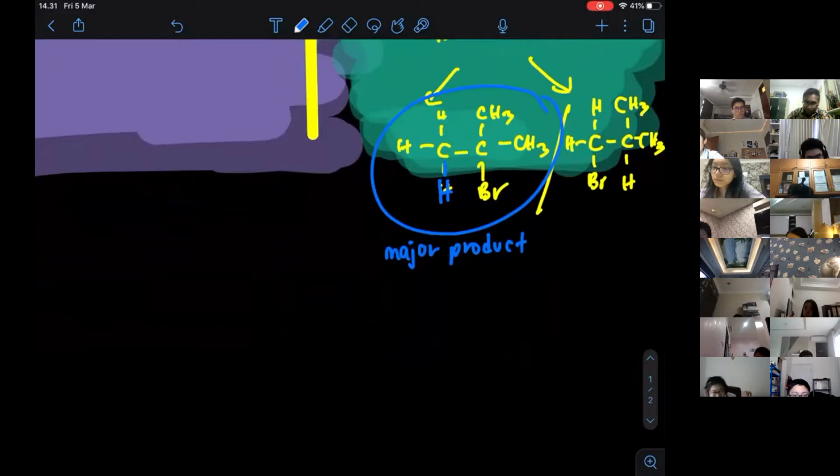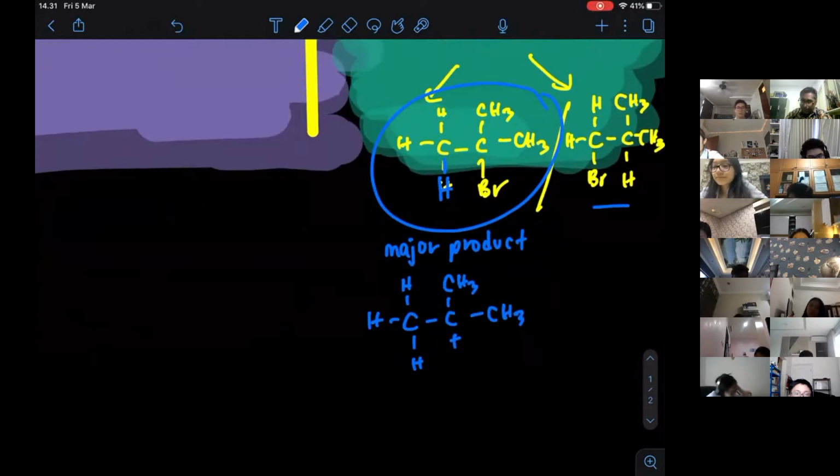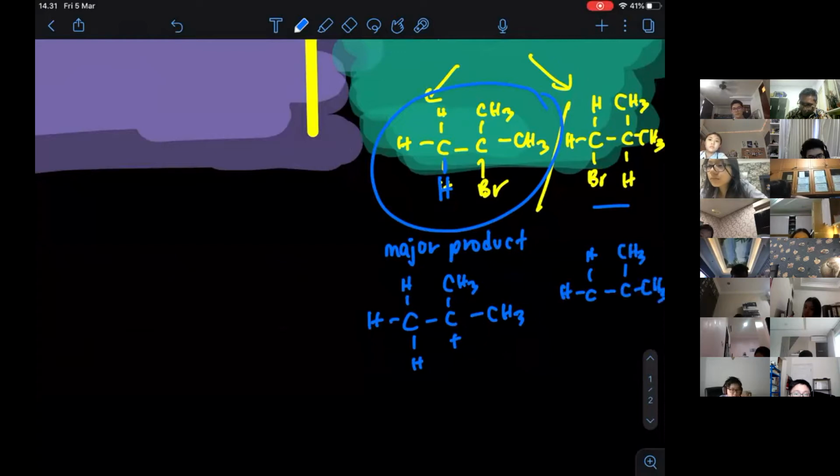Because they are going to form CH3, and this is plus before the Br comes in. And then if you are drawing this one, it's going to be CH3. If the H comes here, this is going to be the positive.